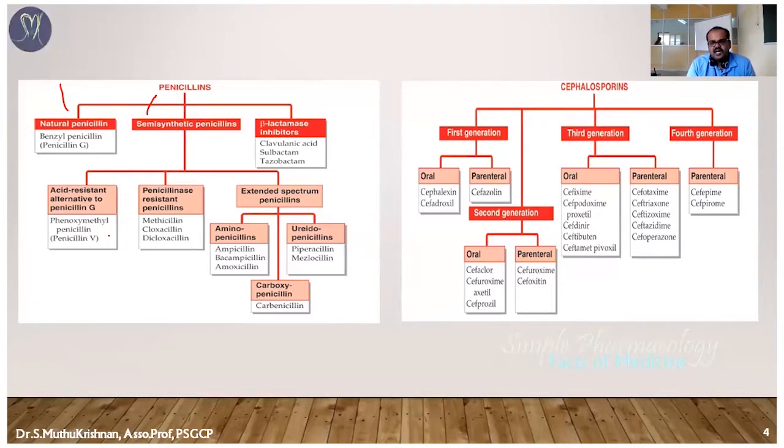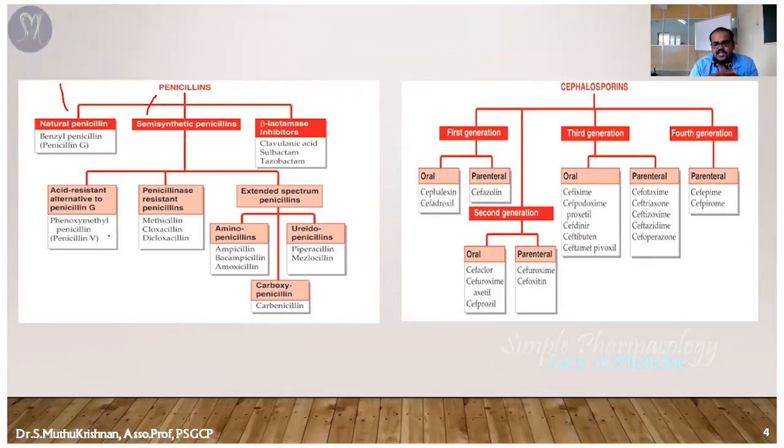Cephalosporins are mostly classified based upon generations: first generation, second generation, and third generation drugs. Generation means the novelty of the drugs. Those that were invented and categorized first are considered the first generation. Later, every decade, many novel molecules were introduced and identified in this category, so they were made into the second, third and fourth generation.